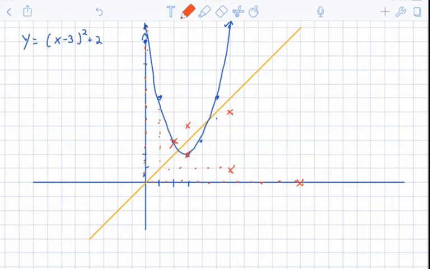And this one's 5, so it's going to be 5 to the right. All right, so that's what the mirror image looks like.